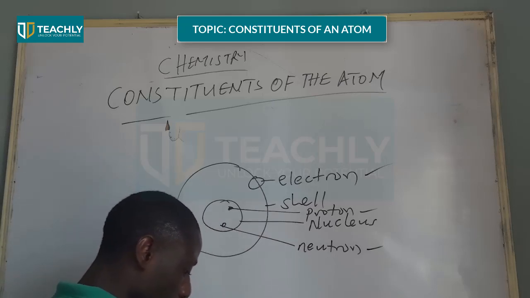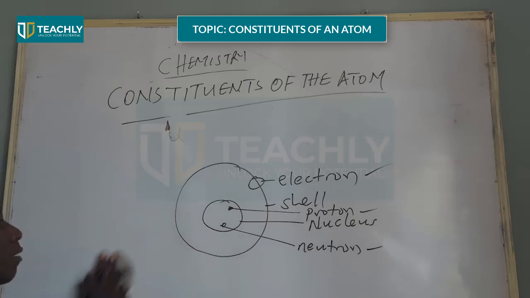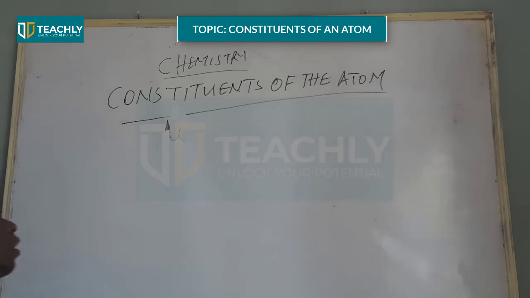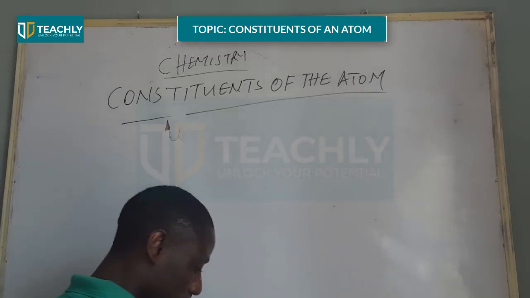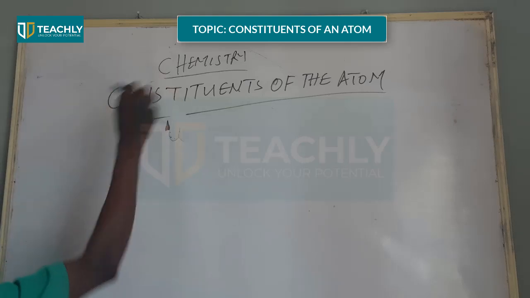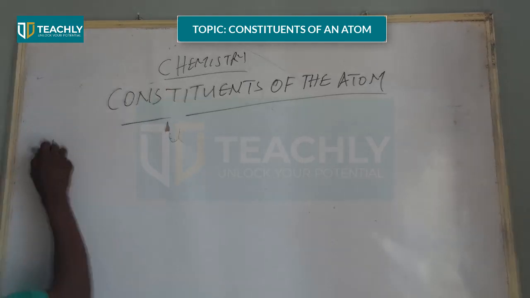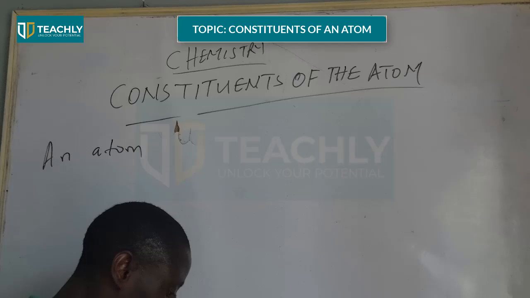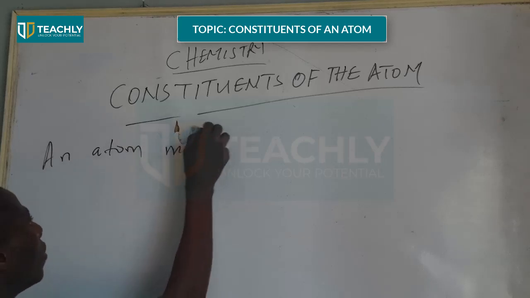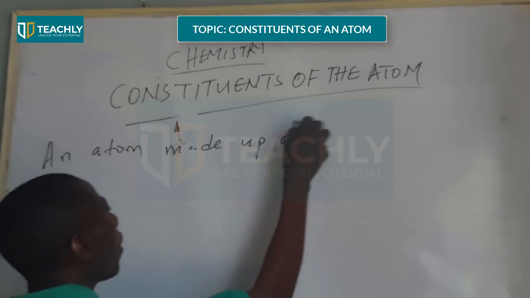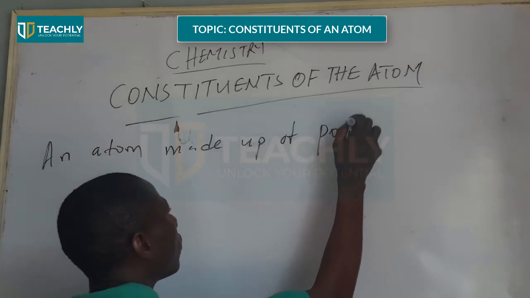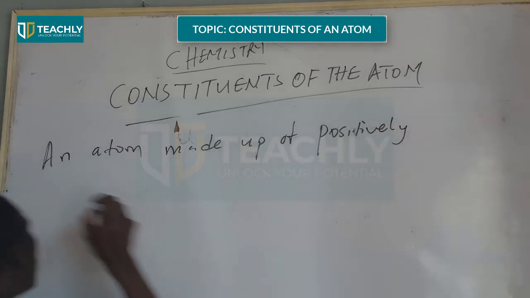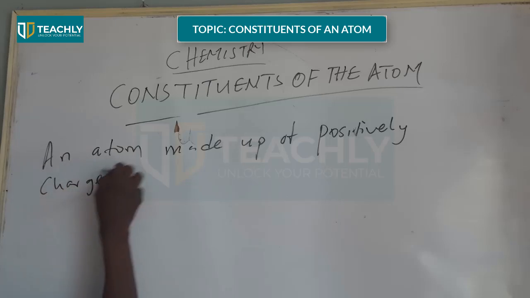Okay, from here we can talk about the atom. We can say an atom generally is made of a positively charged nucleus.